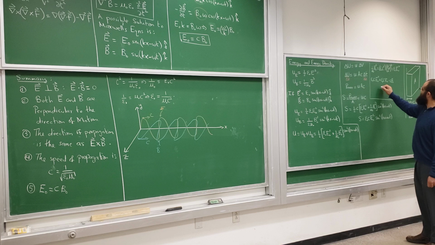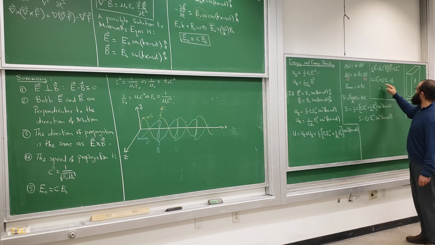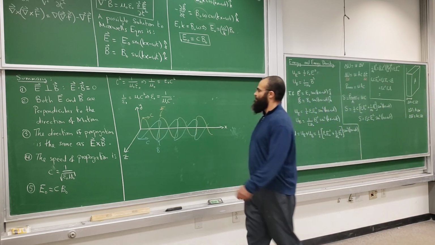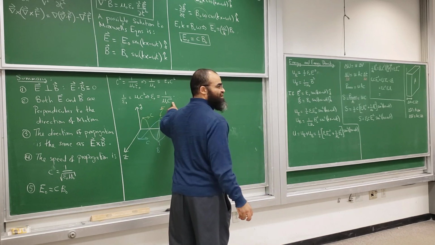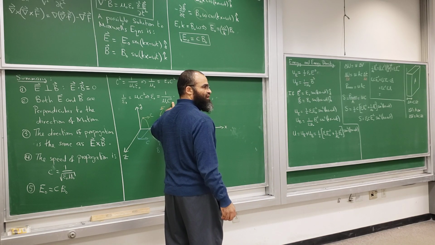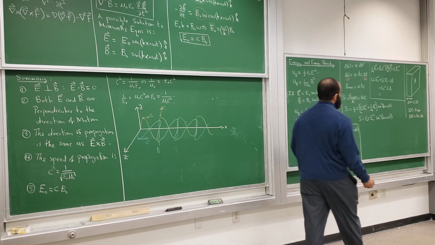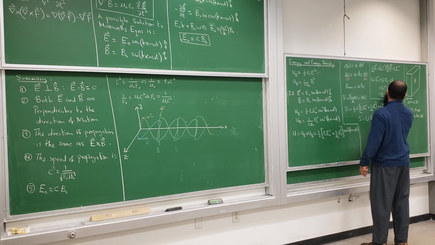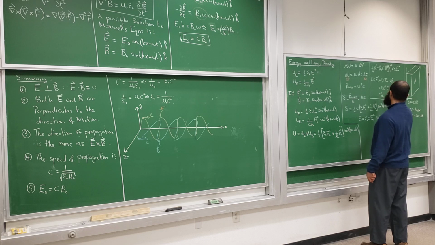So this becomes epsilon naught C squared E naught B naught. But epsilon naught is 1 over mu naught C squared. So this is 1 over mu naught C squared on the bottom.